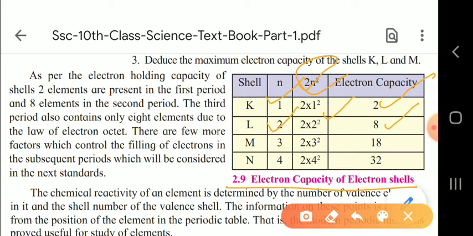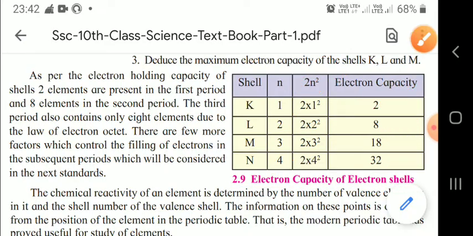Now here the third shell, that is the M shell, therefore n is 3. Now it will be 2 into 3 square, 3 threes are 9, and 9 twos are 18. Same way for the fourth shell, 4 fours are 16, 16 twos are 32. So this way the electronic capacity is there.